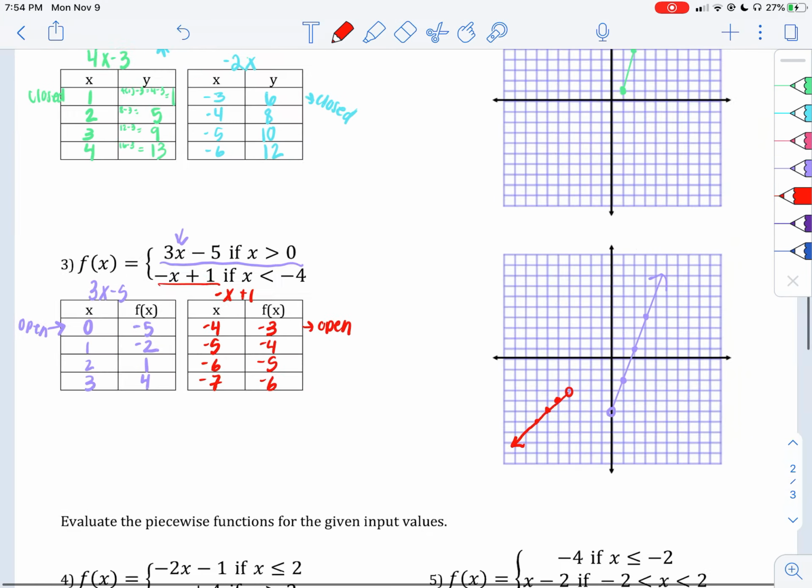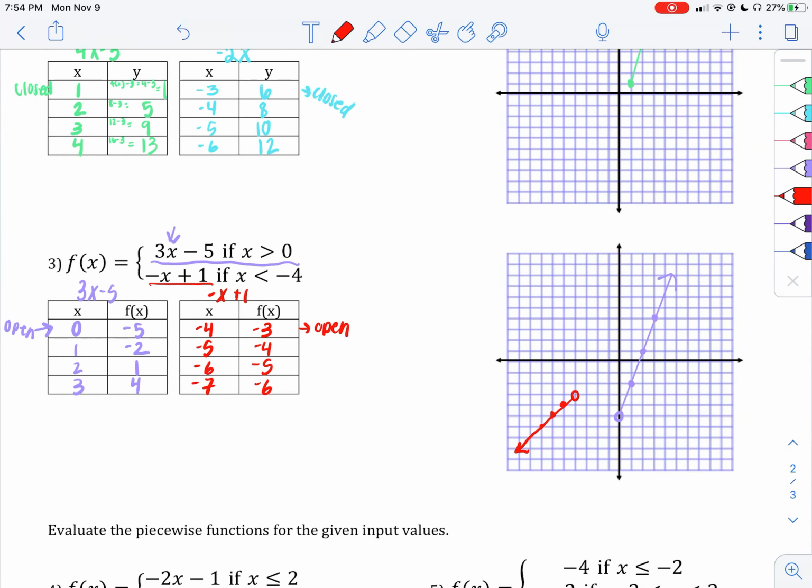Okay, so when we graph these, 3x minus 5 is our purple line, and those are for the values that are greater than 0. So our x values are getting greater and greater all the way to positive infinity. And then we have negative x plus 1 is our red ray, and that is when x is less than negative 4. So that covers all the x values when x is less than negative 4. So we have our open circles with our rays. Okay, so that is graphing piecewise functions.